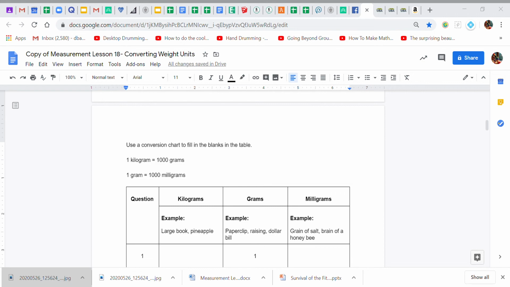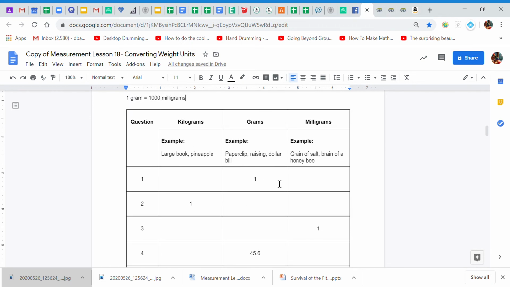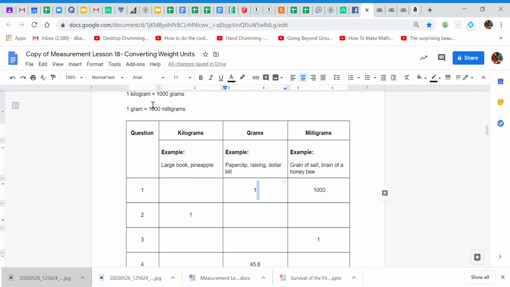So going back to our actual lesson, if I have 1 gram, we already know that 1 gram is 1,000 milligrams. But to go from 1 gram to a kilogram, I need to divide by 1,000. So my decimal point would be here, right? 1. But I need to move it 1 space over, 2 spaces, 3 spaces.